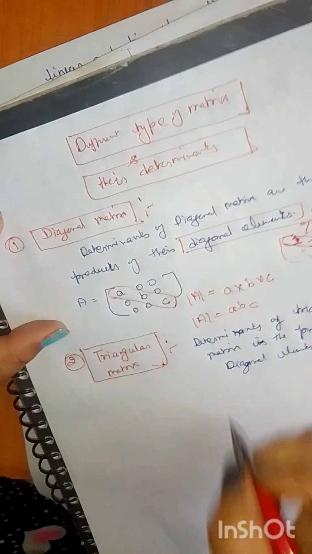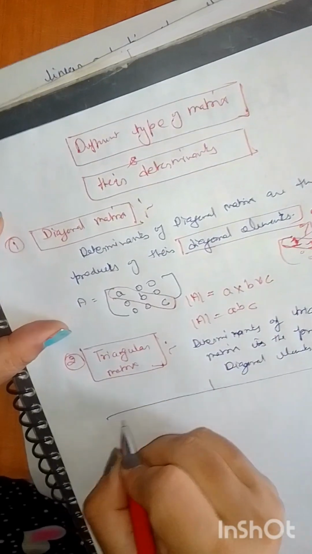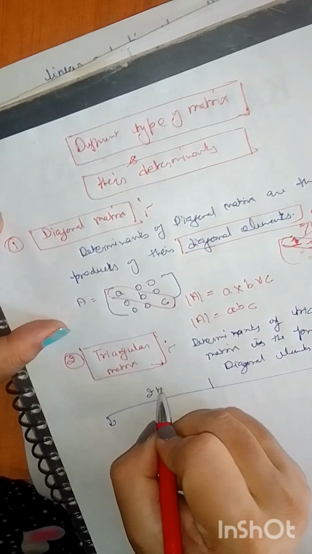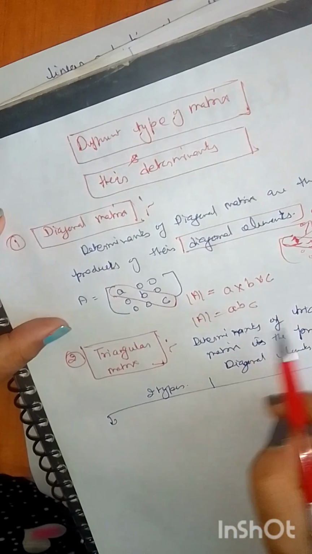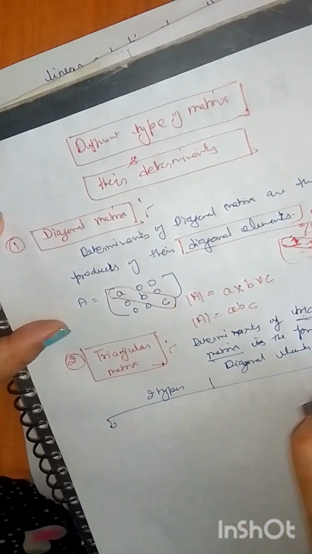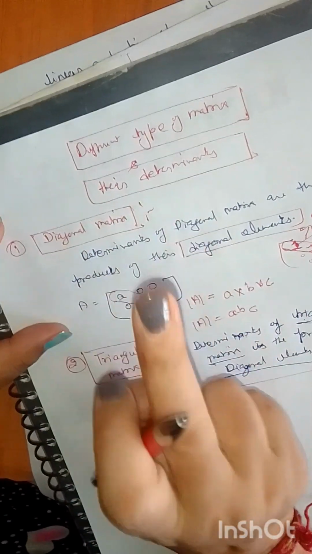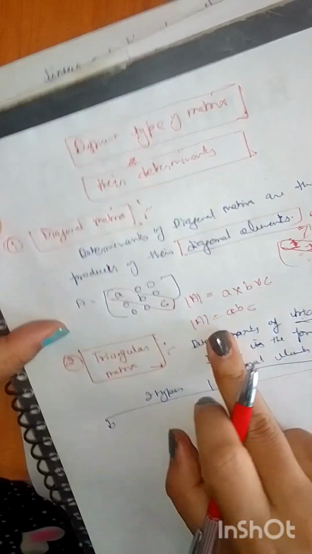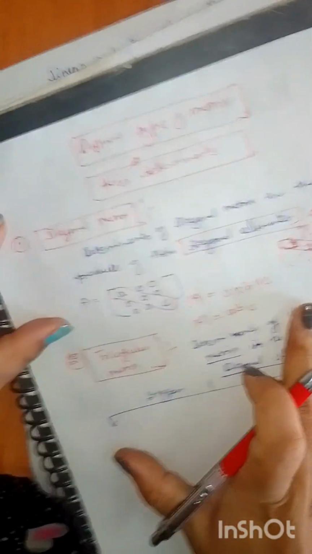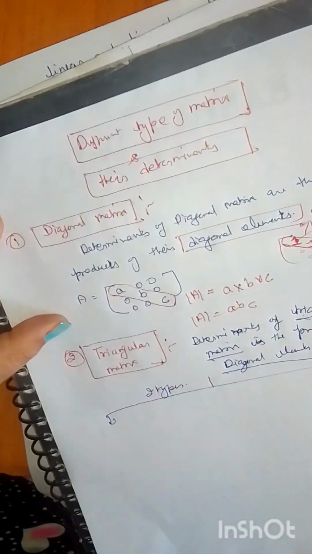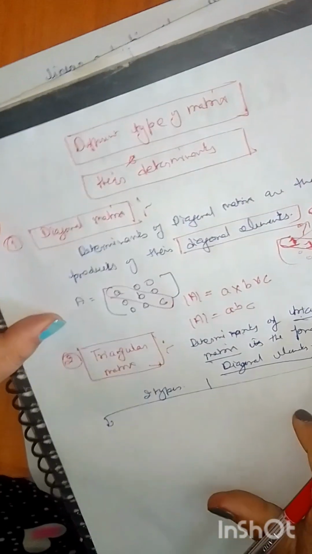The determinant rule for the diagonal matrix is also the same. Now you would ask, when the definition is the same, what is the difference? So I am telling you the difference here.